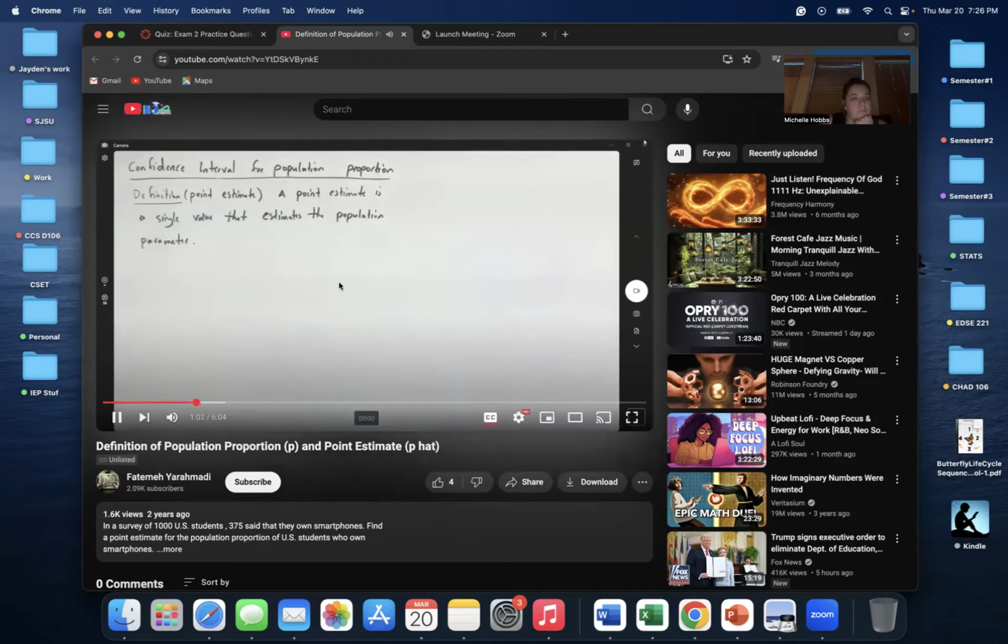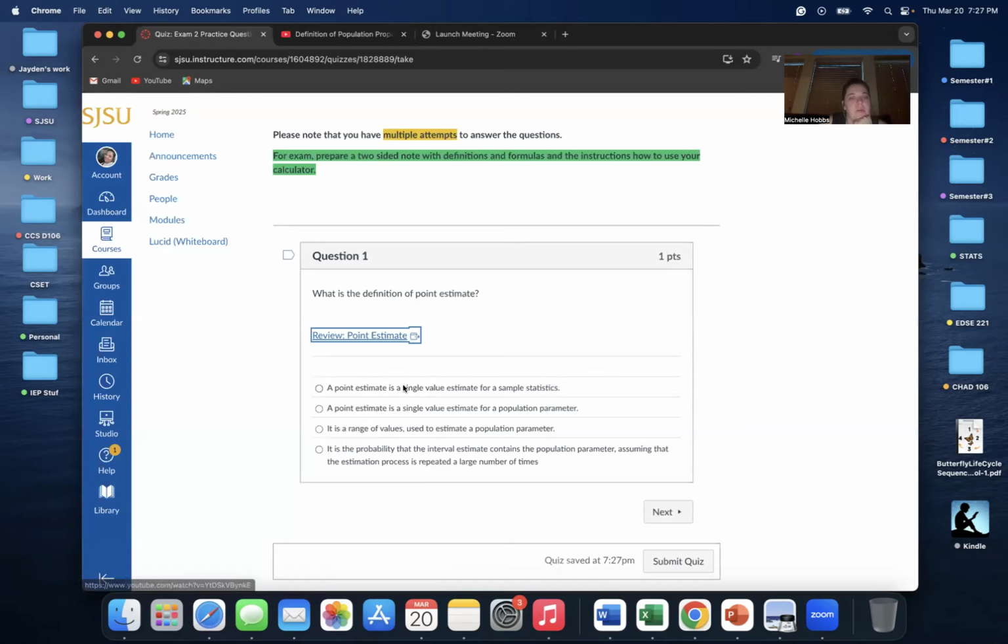A point estimate is a single value that estimates the population parameter. A point estimate is a single value estimate for a population parameter.